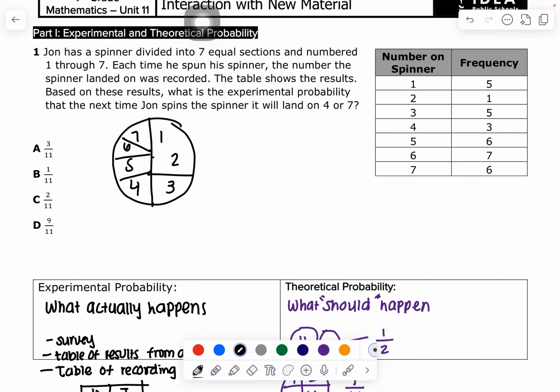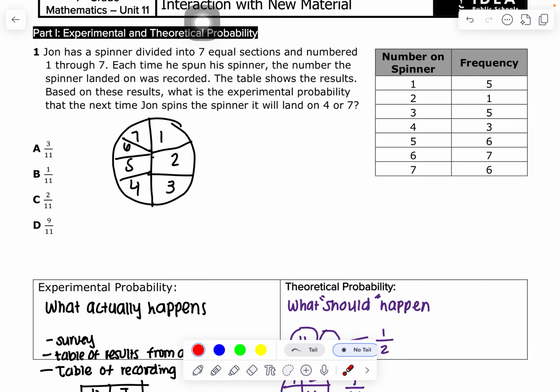We're going to pretend that this is equally divided. And then each time he spun his spinner, the number the spinner landed on was recorded. So we already have results here. This is telling me that we landed on number 1 5 times. We landed on number 2 1 time, and so on and so forth.